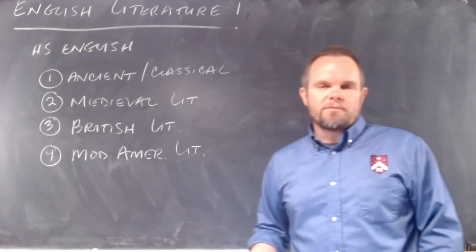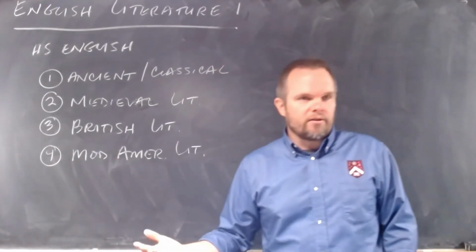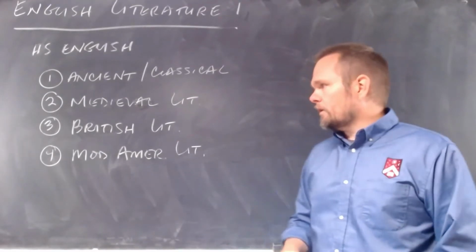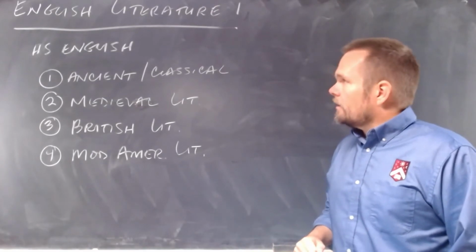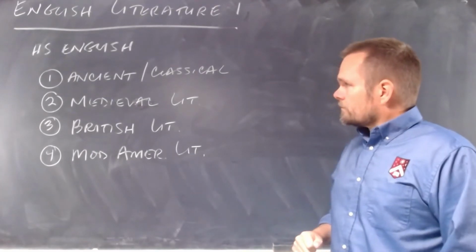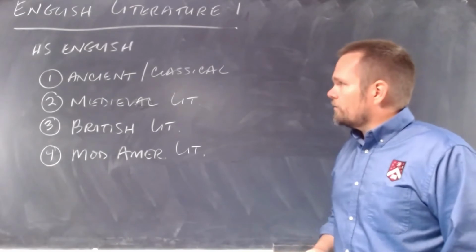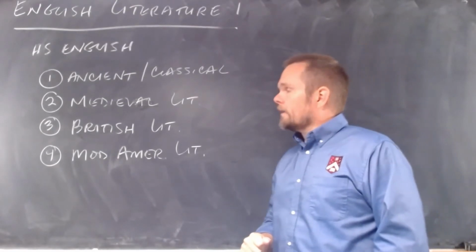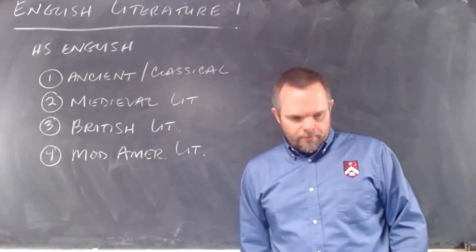There's really no such thing as modern American literature because all American literature is modern literature. Okay, so American literature in English literature 4. That's what we'll study in the 4 high school English literature courses.